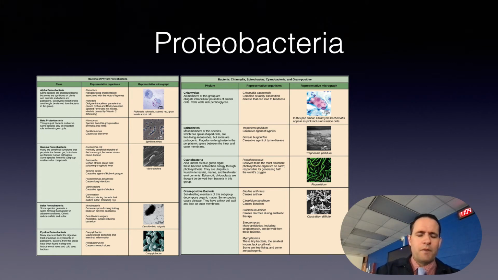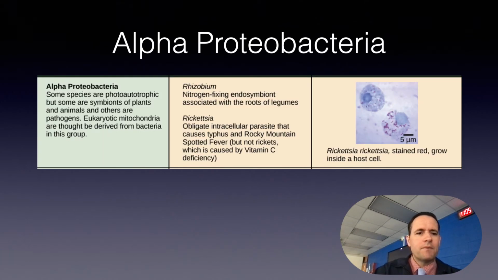I'll zoom in on each of the parts in a bit. Major bacterial phyla include the Proteobacteria, the Chlamydias, the Spirochetes, the photosynthetic Cyanobacteria, and the Gram-positive bacteria. The Proteobacteria are in turn subdivided into several classes from the alpha to Epsilonproteobacteria. So let's go through these galleries here and just introduce ourselves to the different things living around.